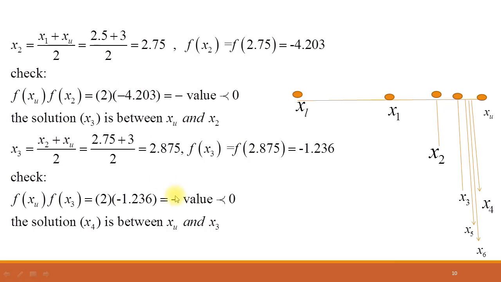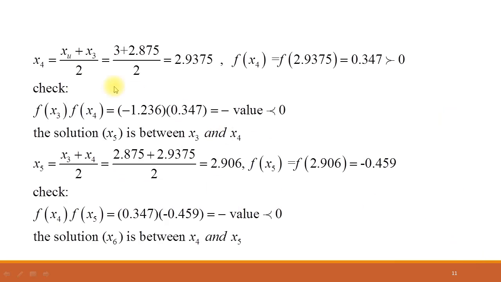The value of xu is 3 and the value of x3 is 2.875, divided by 2. We obtain the fourth root x4 is equal to 2.9375.